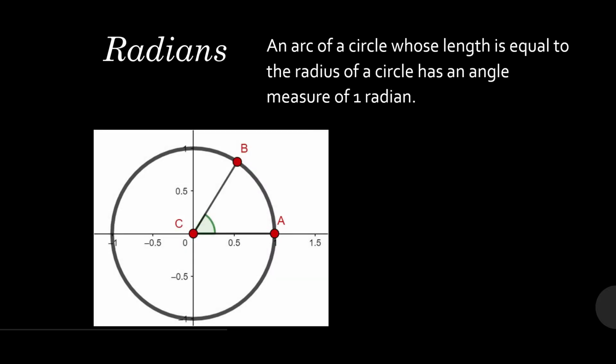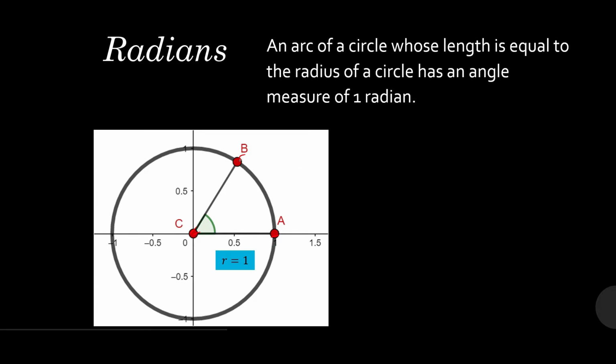If this were our unit circle, a unit circle has a radius of 1, so the lengths of line segment CB and line segment CA are 1.